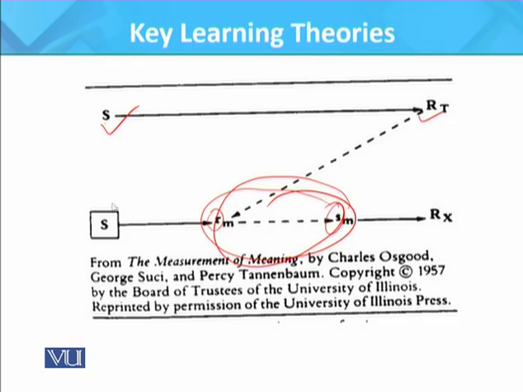While the symbols S and R are used to represent the overt stimulus response, this r and this s show the internal representation. So meanings occur here in the internal s and r. Now this model is considered to be a highly complex model, but that is how Osgood represented the very process of the mediation theory.